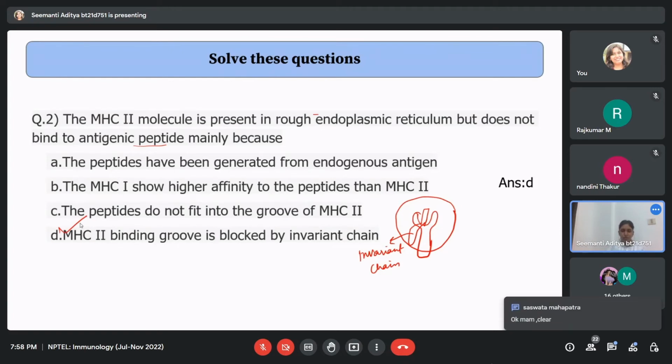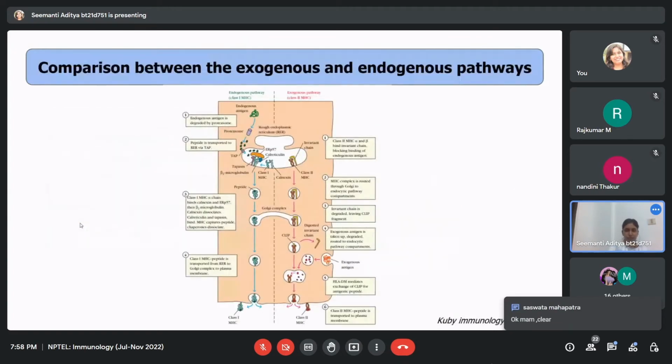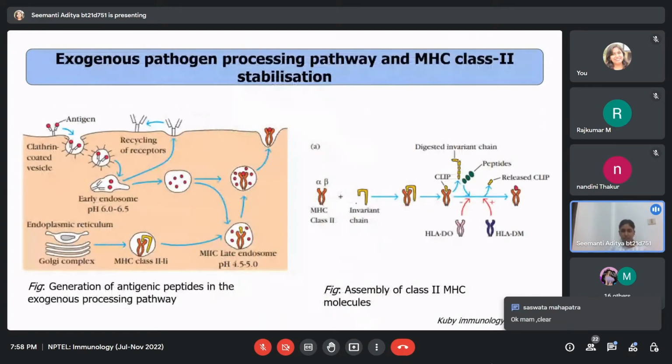So when I was talking about the invariant chain, here you see the MHC class 2 molecule is bound to an invariant chain. If it is bound to an invariant chain, it will not be able to bind to these red dots or red peptides. It's going to bind to the peptides only when this small protein is removed. This small protein is known as CLIP, and the bigger one is known as the invariant chain.